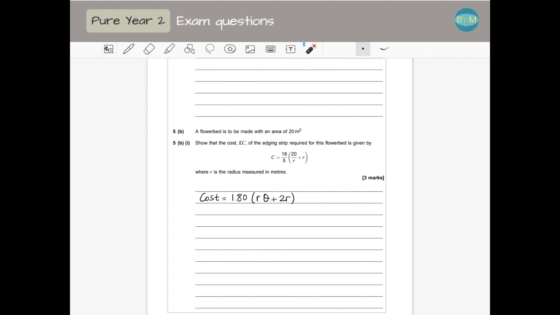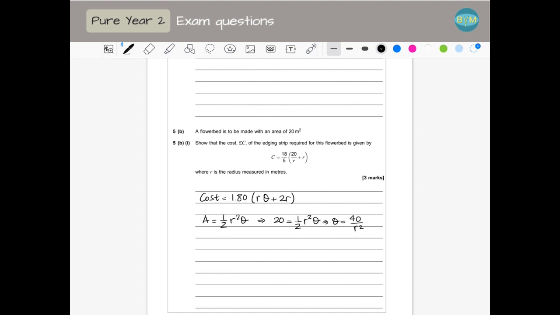But we don't want theta in our expression, so what we are going to use is this information to eliminate theta. If the area is 20, we know the area is 1/2 r squared theta, which means when the area is 20, I have 1/2 r squared theta equals 20. So I can write theta in terms of r, and theta is going to be 20 times 2 divided by r squared.